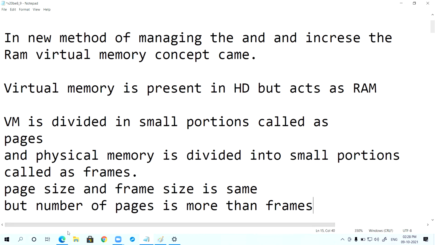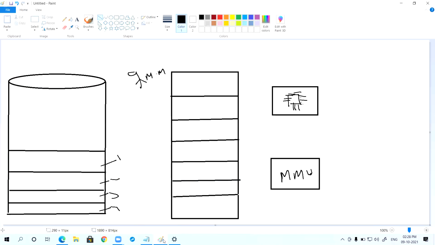That virtual memory is divided into small portions called pages, and the physical memory is divided into small portions called frames. The number of pages is more compared to the number of frames.